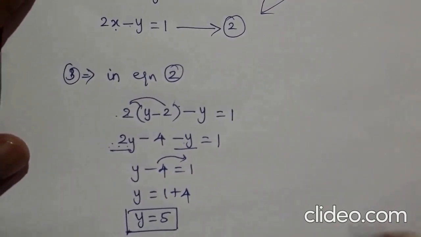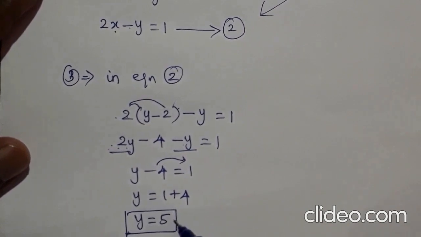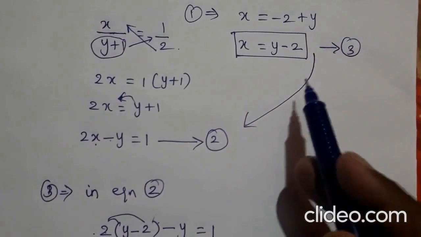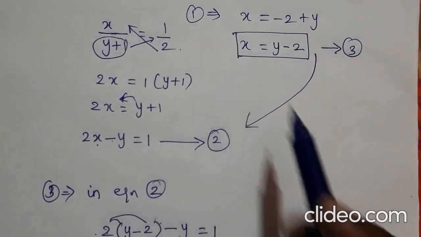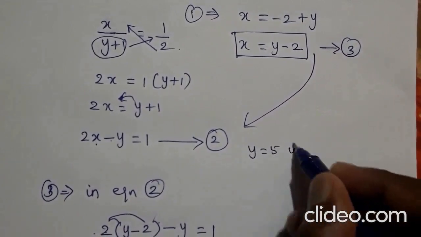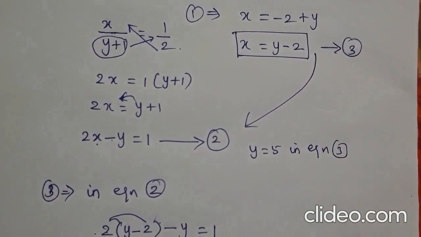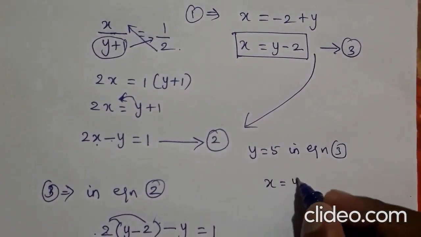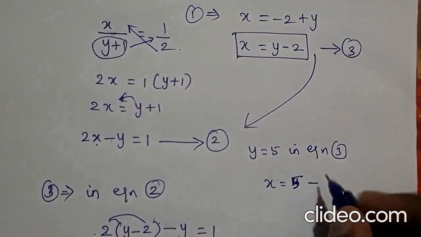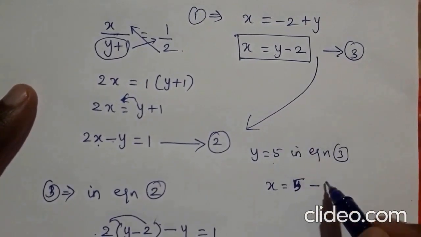Then we have to find the value of x. So where do we have to put the y value? We have to substitute in equation 3 to find the x value. So y is equal to 5 in equation 3. So what will you get? x is equal to y minus 2, in the place of y we can substitute the value 5 minus 2.